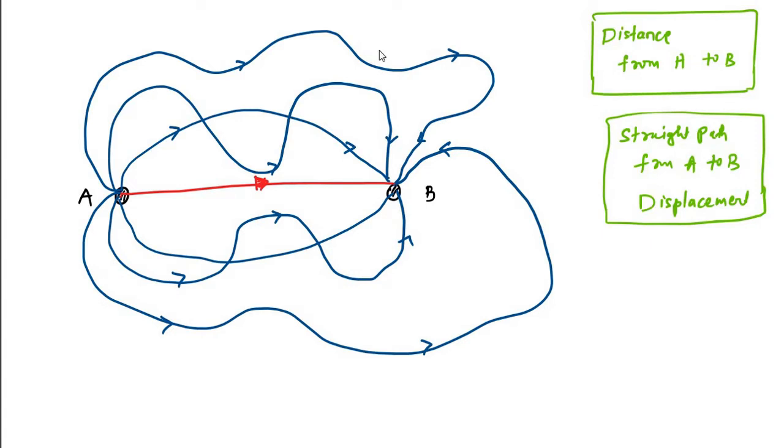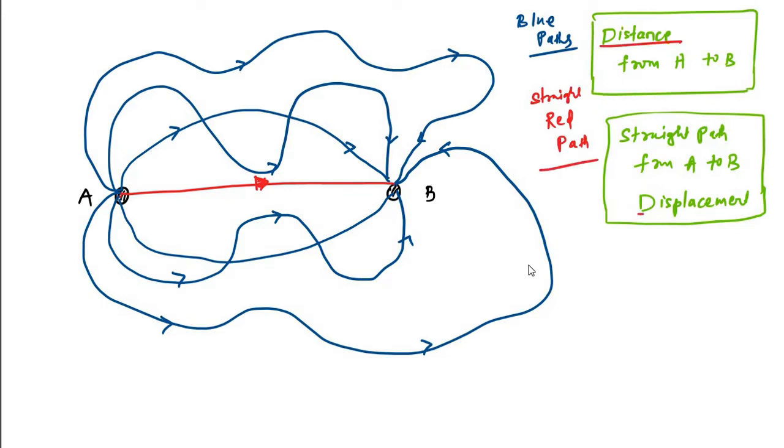So the blue ones are distance, and the only red one, straight, is the displacement.